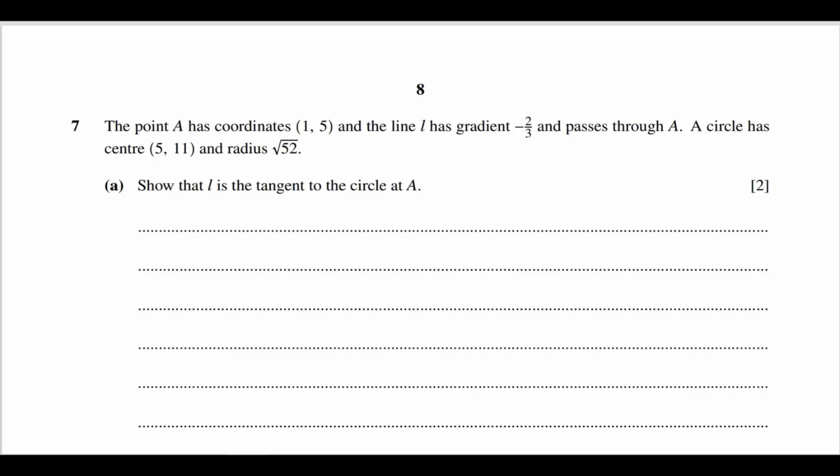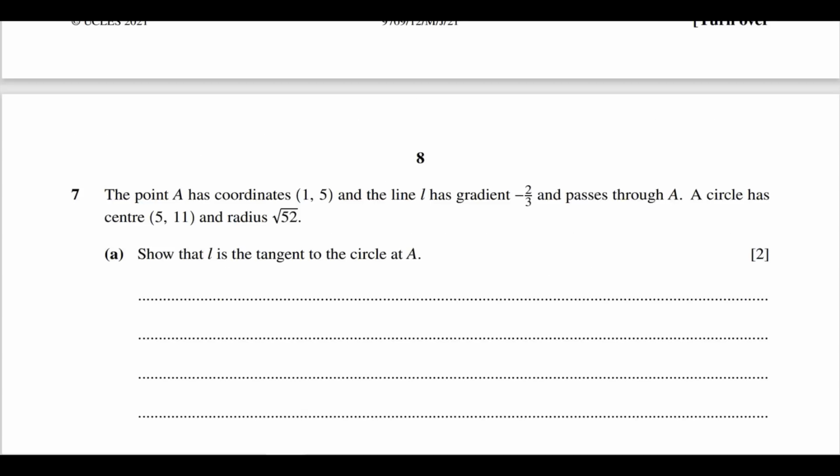Show that L is the tangent to the circle at A. For this, first we will find out what is the gradient of the circle at A. Suppose this is the circle and this is the point A.